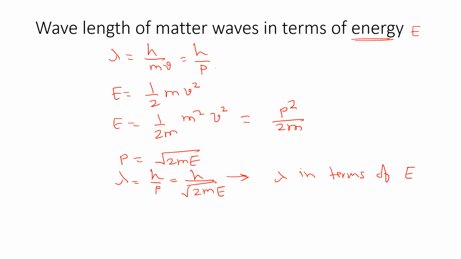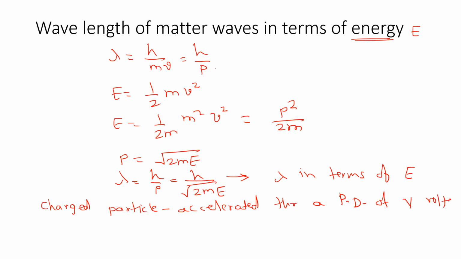Further, if the moving particle is a charged particle which has been accelerated through a potential difference of V volts, then this energy E will be q into V, where q is the charge and V is the potential difference.